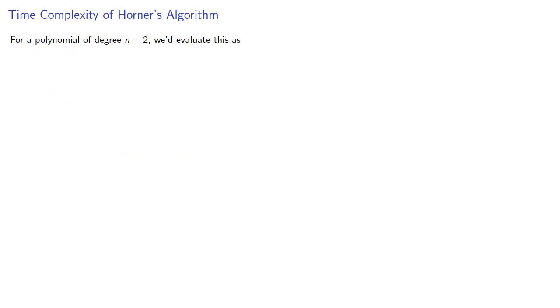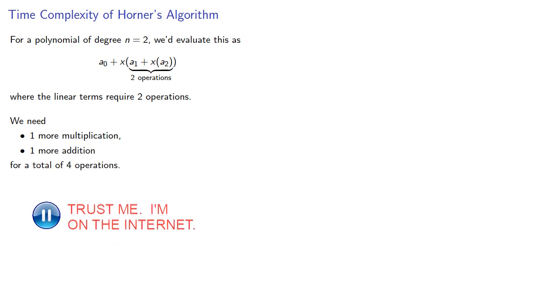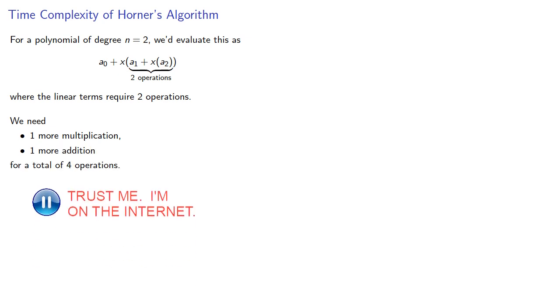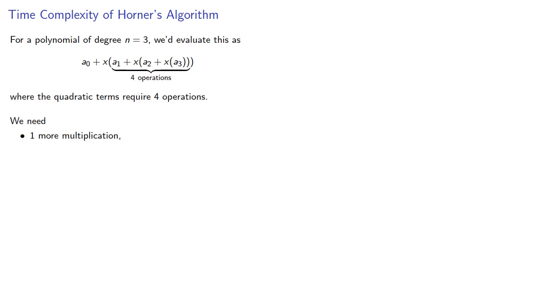For a polynomial of degree n equals 2, we'd evaluate this as, where the linear term requires 2 operations, and we need 1 more multiplication and 1 more addition for a total of 4 operations. For a polynomial of degree n equals 3, we'd evaluate this as, where the quadratic term requires 4 operations, and then we need 1 more multiplication and 1 more addition for a total of 6 operations.